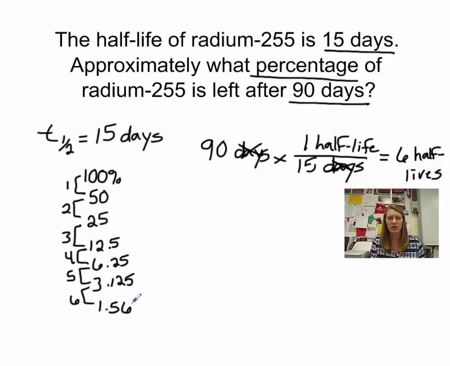We'll just kind of round there. So the answer to this would be approximately 1.56% will be left after the 90 days. So if you're just joining us back, check your answer, see if your work and your answer matches up.